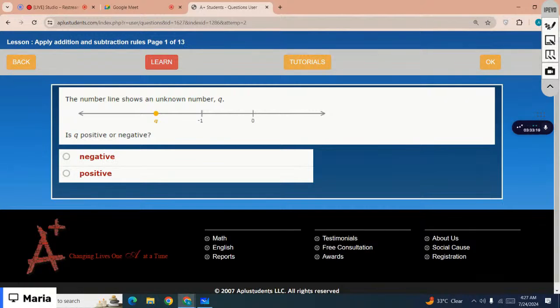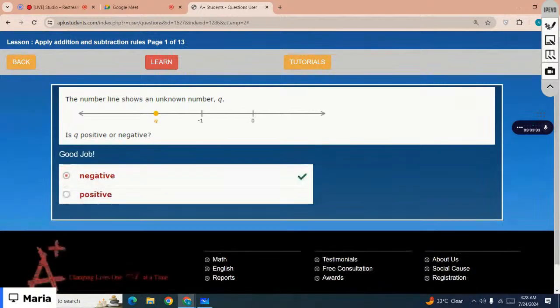Is q positive or negative? So just look at the position of q. Q is on the left hand side of the 0. Here you have 0. So q is on the left hand side of the 0. That means q must be negative. The correct option is negative.